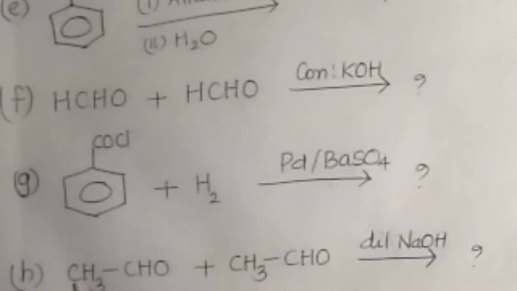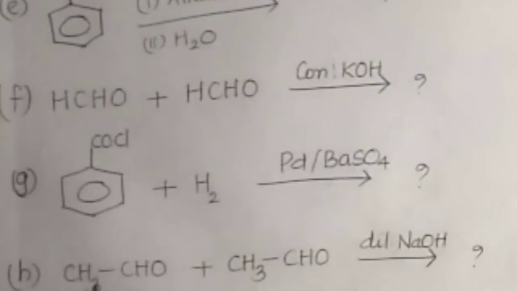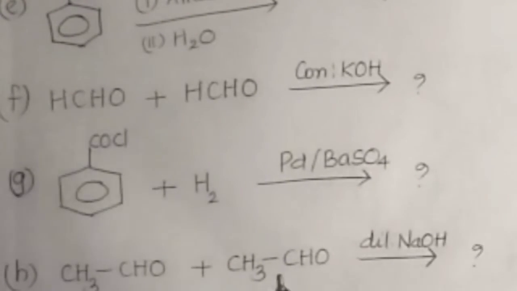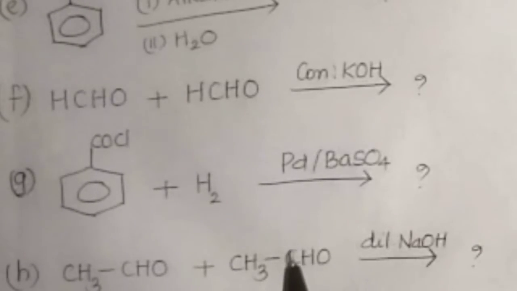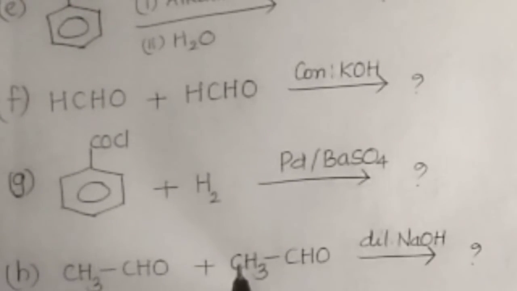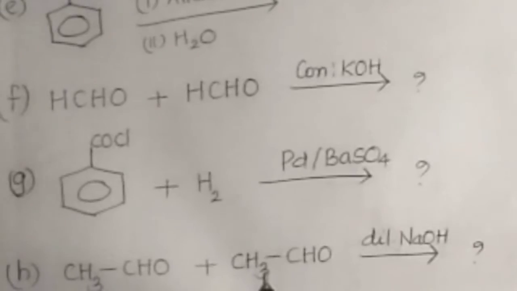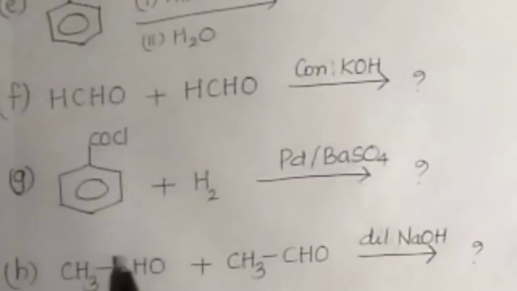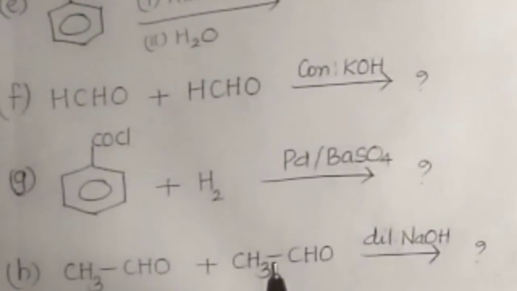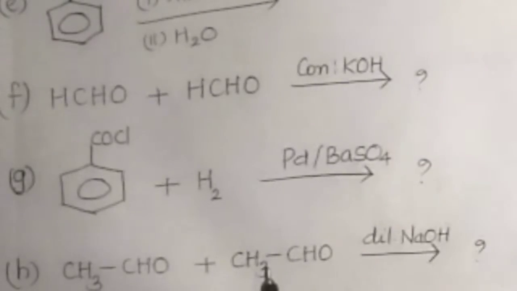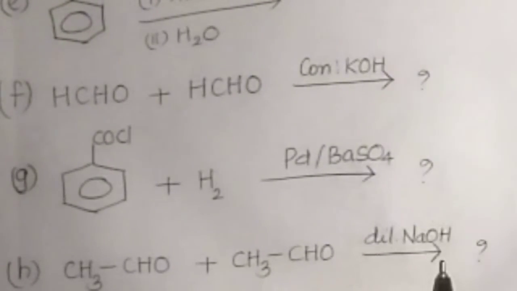Nearest carbon is the alpha carbon. Containing hydrogen is alpha hydrogen. So this is with alpha hydrogen. This also with alpha hydrogen. Aldehyde functional group. Then the attached carbon is alpha carbon. Containing hydrogen is alpha hydrogen. So both of them have alpha hydrogen atoms, so they undergo aldol condensation in presence of dilute alkali.